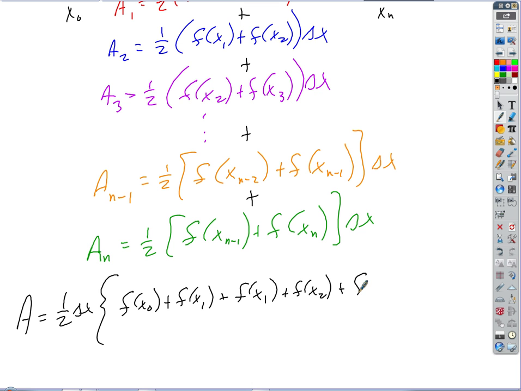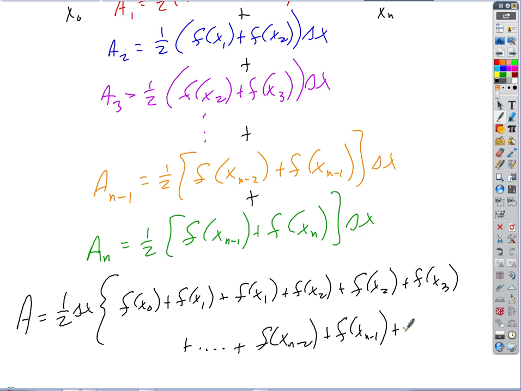Third one was f of x sub 2 plus f of x sub 3. Second to the last one was f of x sub n minus 2 plus f of x sub n minus 1.